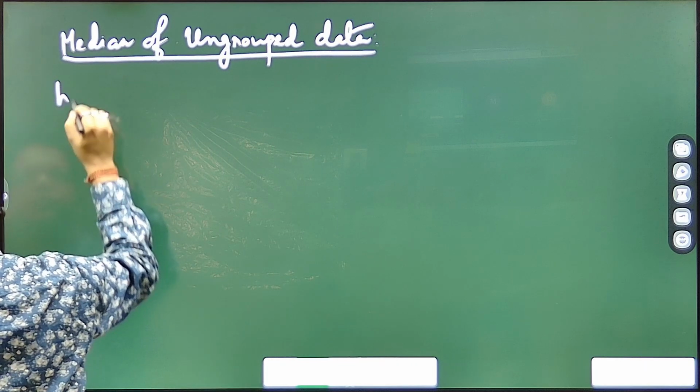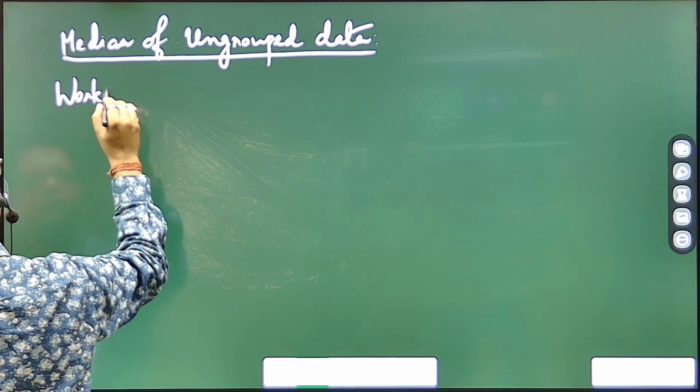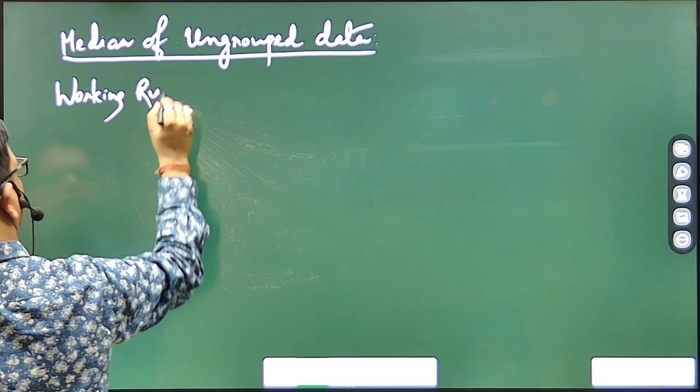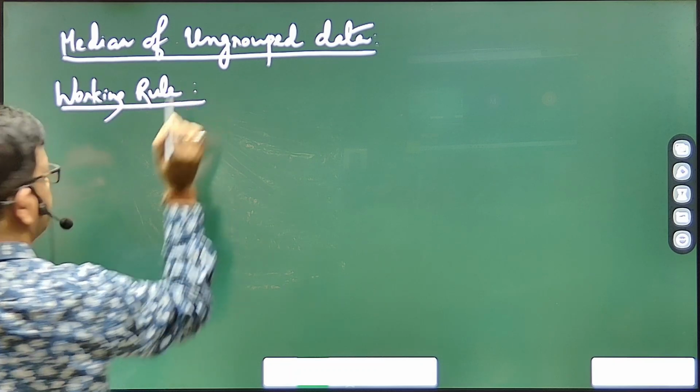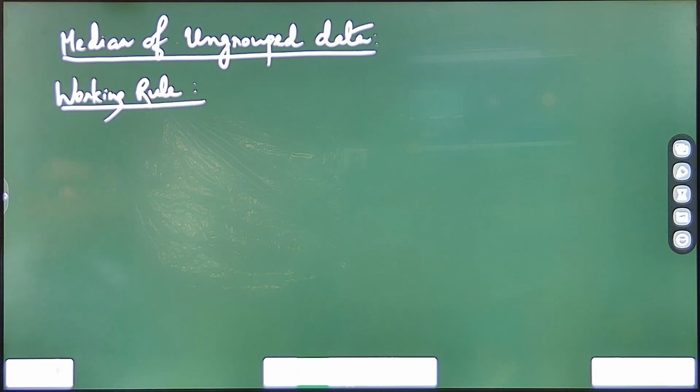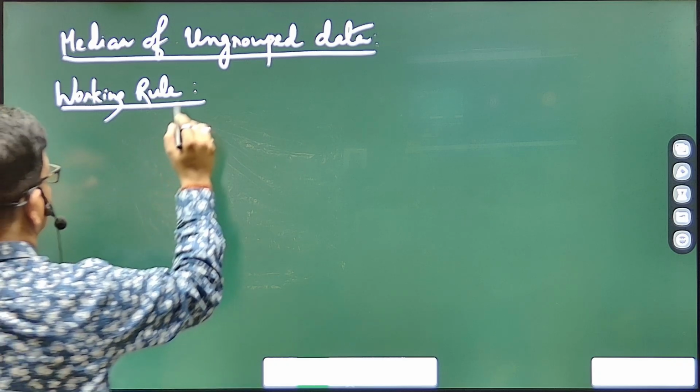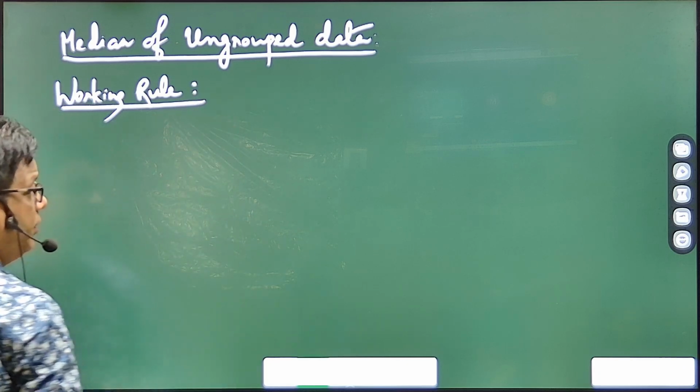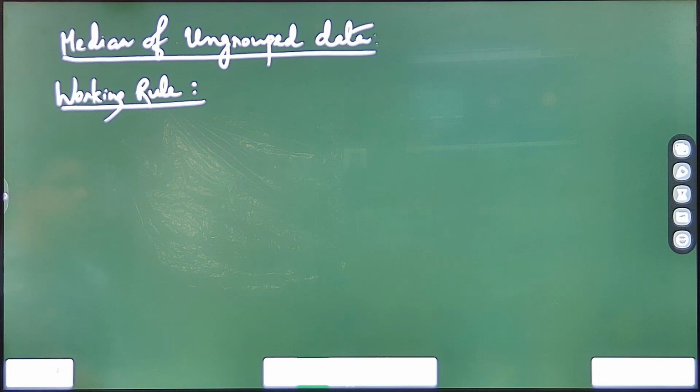So working rule, how to find a median. First you complete this and write the next topic, get the answer yourself. So I'm going to write everything and then I'll discuss. So this is all about the median of ungrouped data.